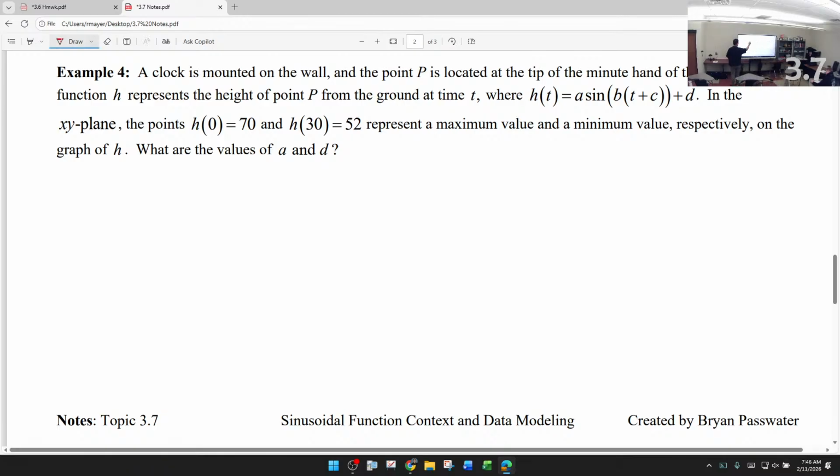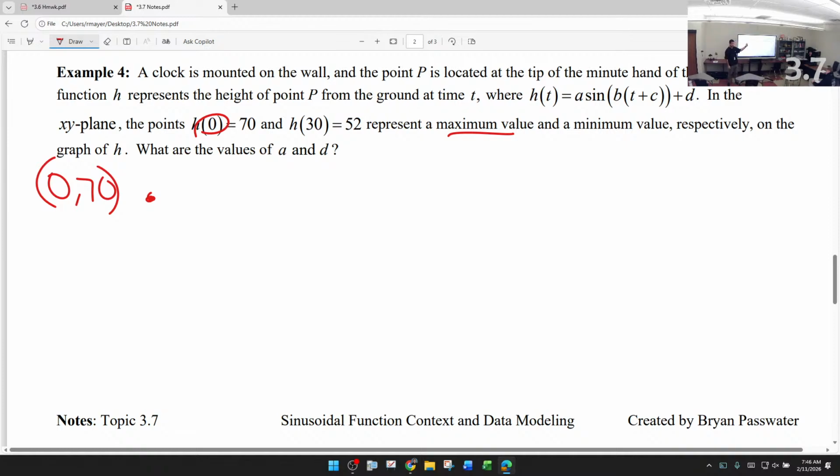So at 0 time, I'm at 70. That represents a max. And how do I know that that one's the max and that one's the min?